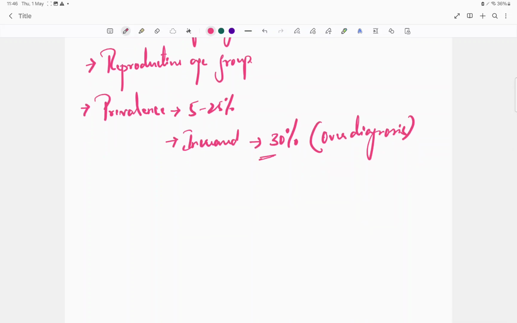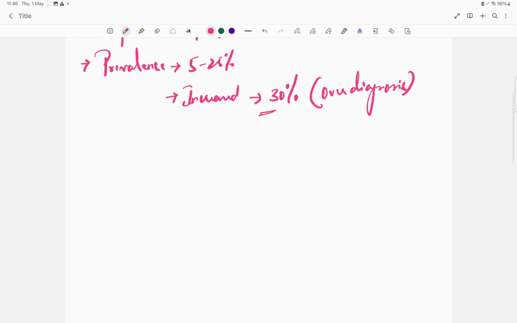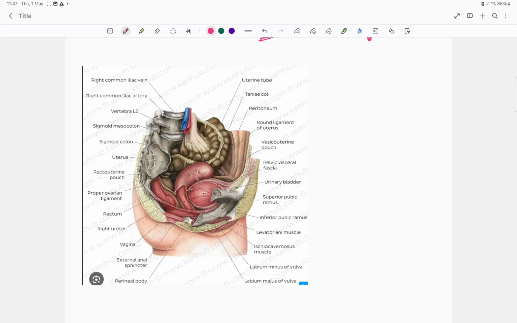Before going further, let's discuss a little bit about the anatomy. You have to know a few structures to understand endometriosis. As you know, this is the urinary bladder, this is the uterus, and this is the rectum.